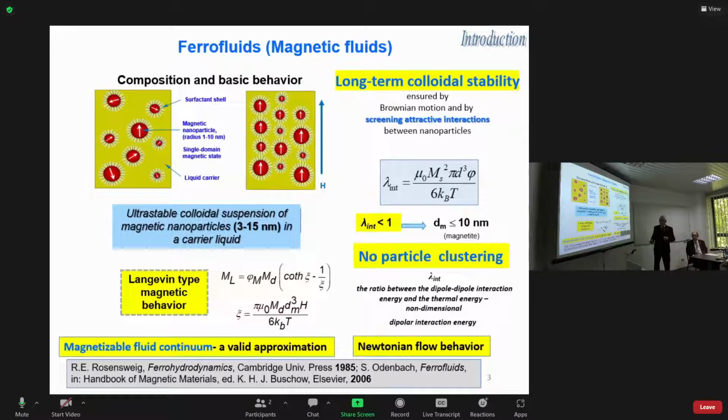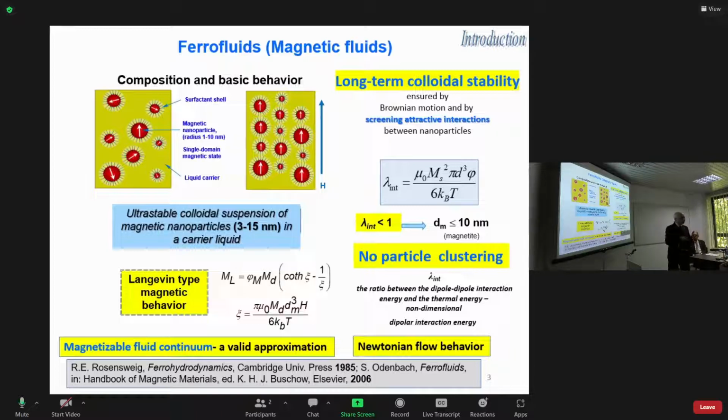Of course, if you have this material, it works like a Langevin type magnetic material. It has all the characteristics which you are used to for a magnetic material, except one essential: it is liquid. So the magnetic nanoparticles confer what we can define as a magnetizable liquid, which we cannot find in nature.